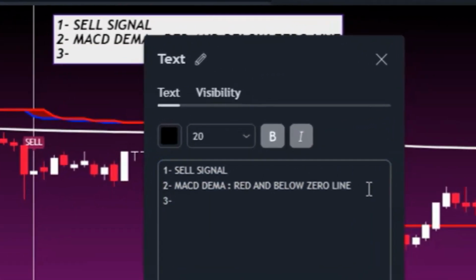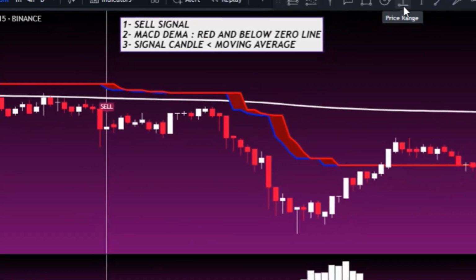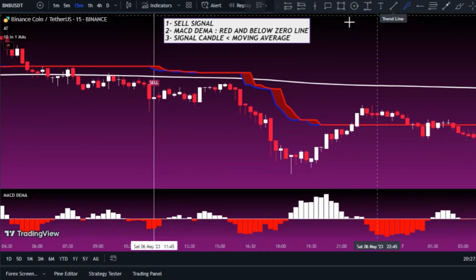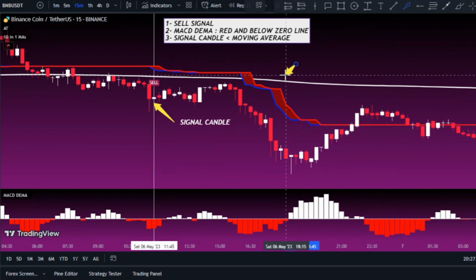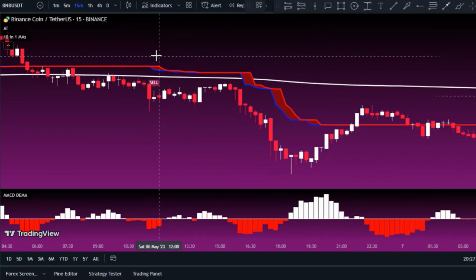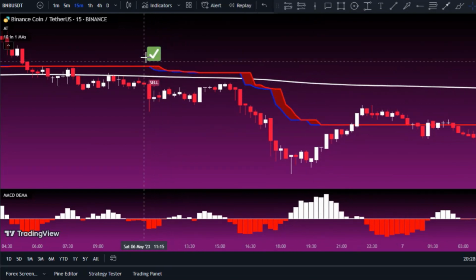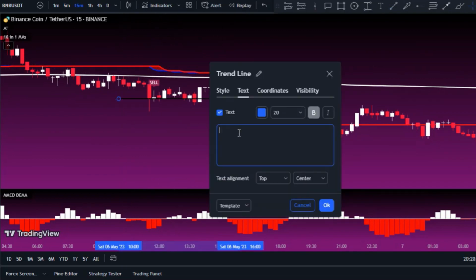Finally, the candlestick that produced this signal must then close below the 200 moving average to confirm the downtrend. If those conditions are met, we have a validated sell signal and can enter at the close of that candlestick.